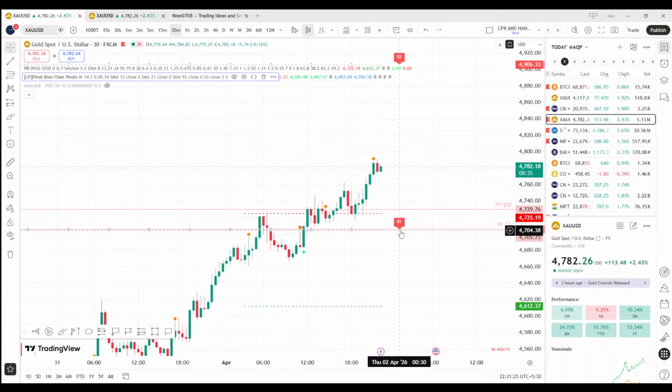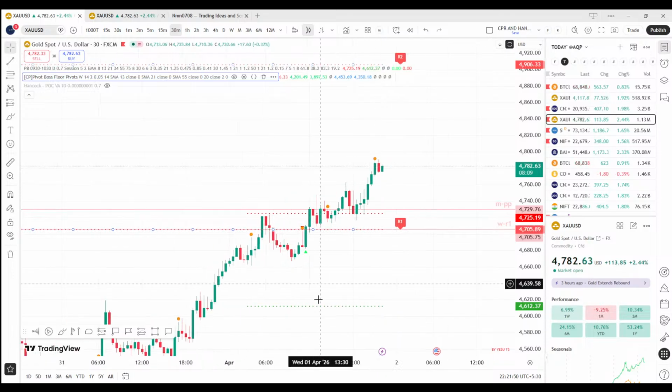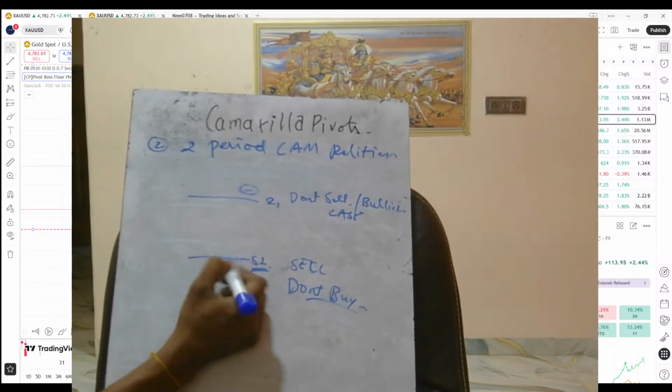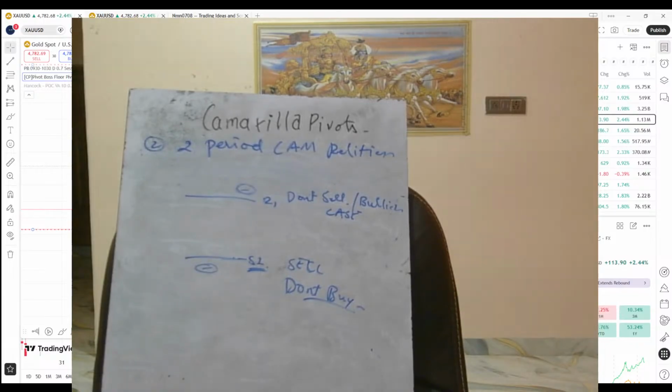Like this is weekly R1, if you see, guys. And we have discussed before in the CPR videos why R1 and S1 are important. If price is taking R1, do not sell, because it's already gone for the bullish case. Below this it's sell, don't buy. So we have covered all these things in the old videos. S1 and R1, I think we don't need to cover all such things, like what is above R1 and what is below S1. Go and check out the different CPR video series.